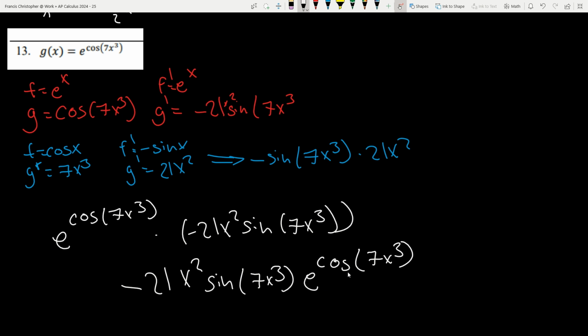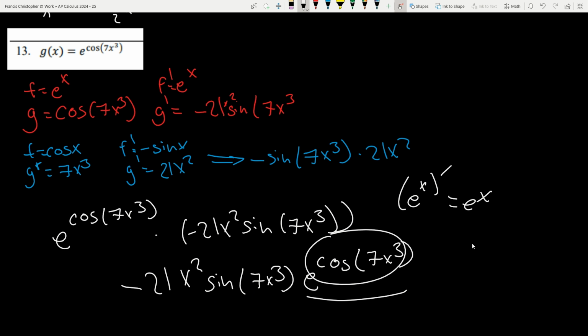And that's your answer. And that sort of makes sense, right? Because e to the x prime equals e to the x. This part stays the same, and then we just have the derivative of this part. E to the u prime, where u is a function of x, is u prime e to the u, by chain rule.